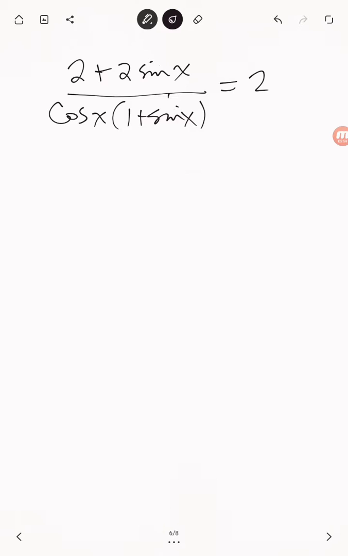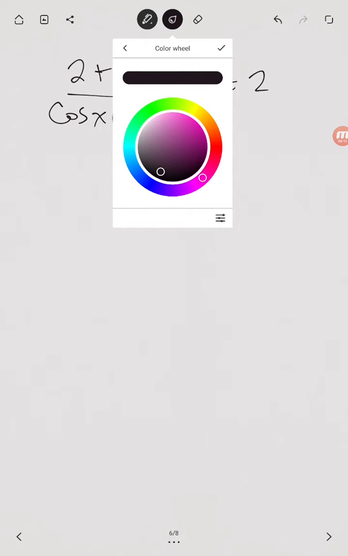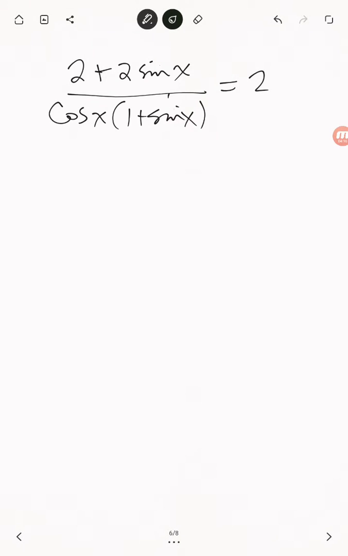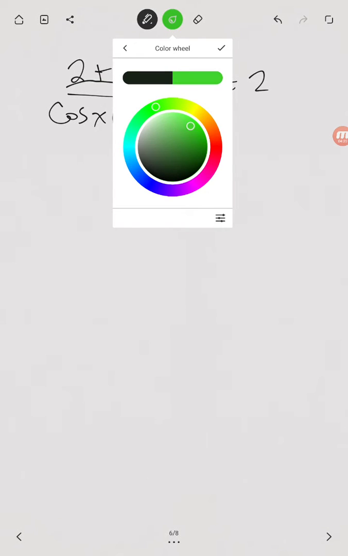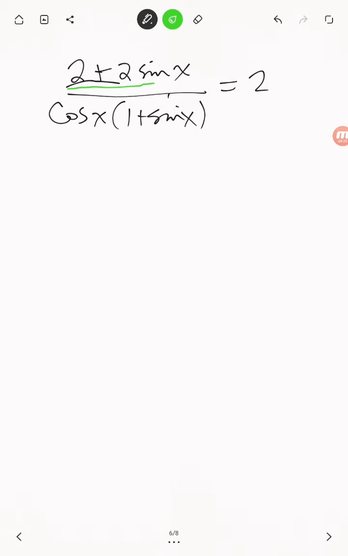Now, if we remember that I said we left the denominator not expanded to see if we possibly might be able to reduce something to try and make this a little bit simpler. And if you look at the numerator now, then hopefully you will see that we can common factor out the 2.